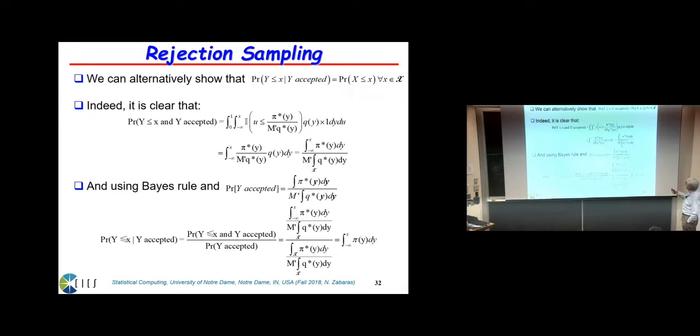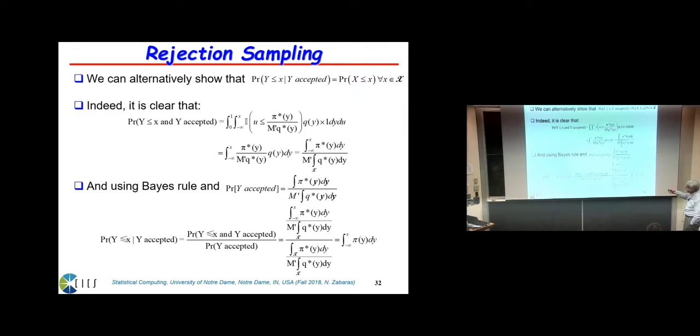Now I can get rid of the integration in u. And will you agree with me that if you integrate from 0 to 1 this indicator function in u, you will get this? It's a uniform random variable, right, equal to 1. So what is the integral of the indicator function that u is less or equal to that?